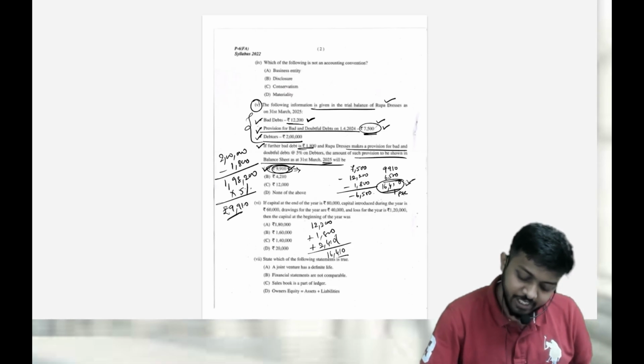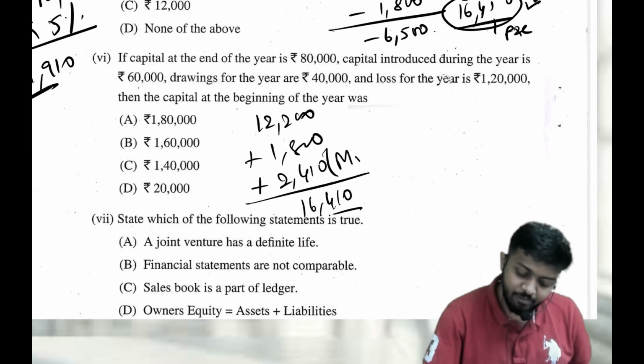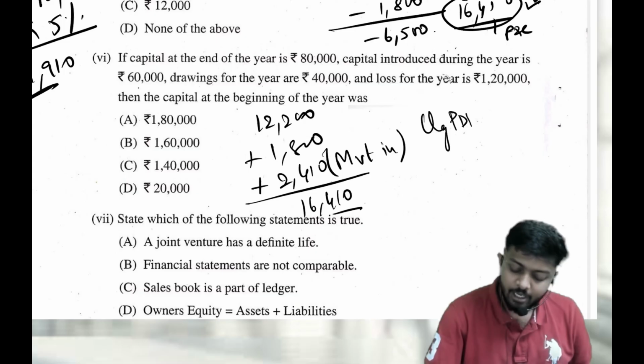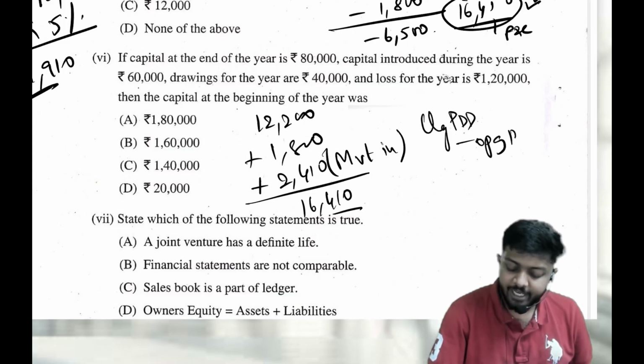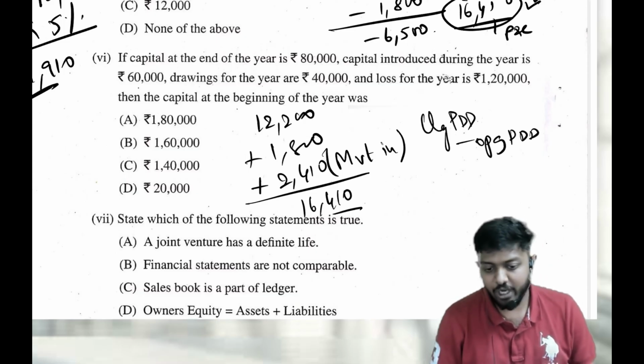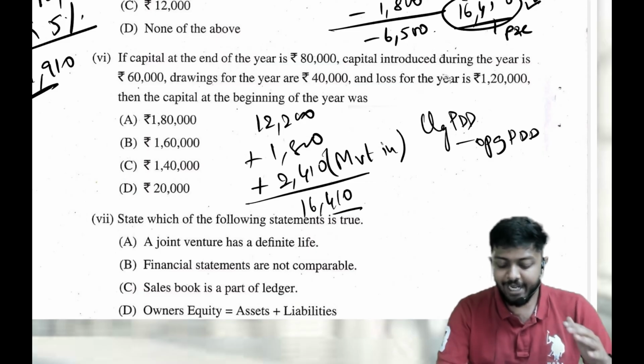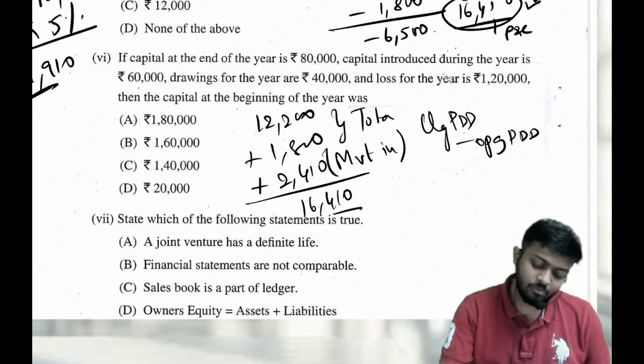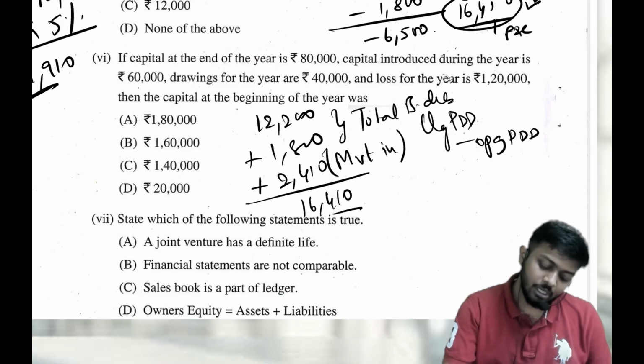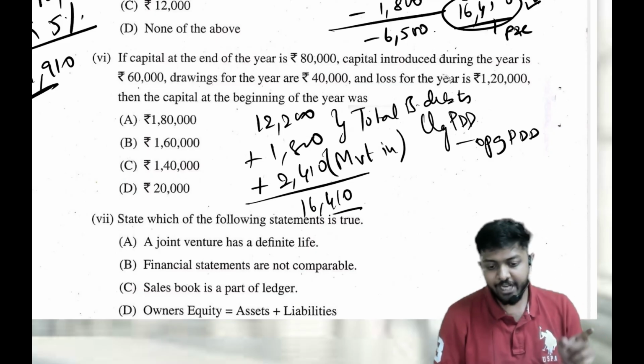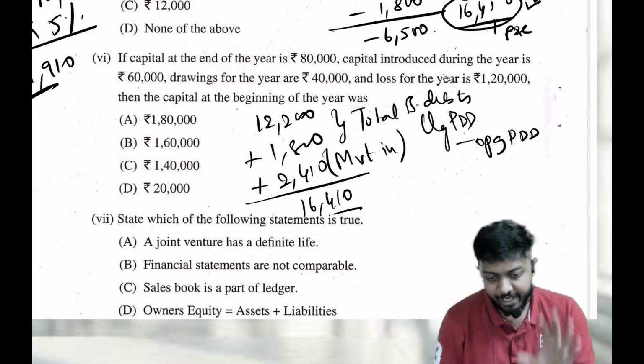So here you'll consider movement in provision, that means closing PDD minus opening PDD. Add the total bad debts plus movement in PDD, and still you'll get how much money went to P&L. Two ways to find out the same number.